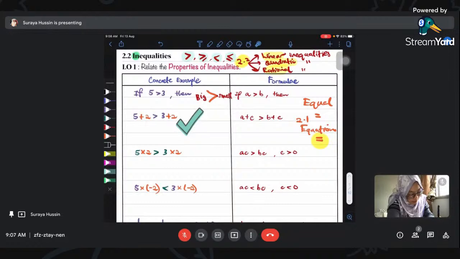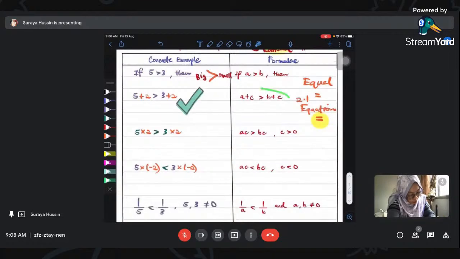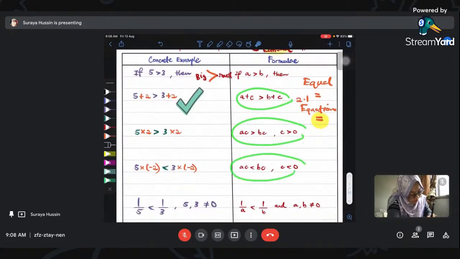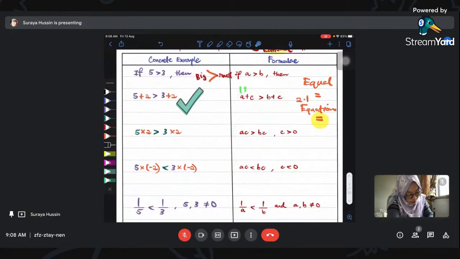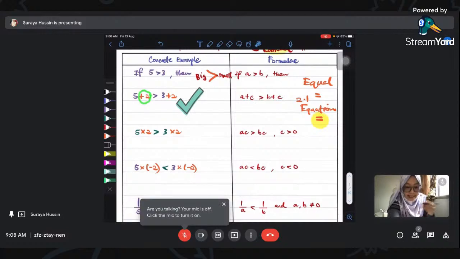then kita ada beberapa properties dekat sini. Kita ada 4. 1, 2, 3 and 4. We have 4 properties, the most basic properties. So apabila 5 melebihi 3 dan apabila kita menambahkan nombor di kiri dan di kanan, we add some number on the left and on the right hand side.